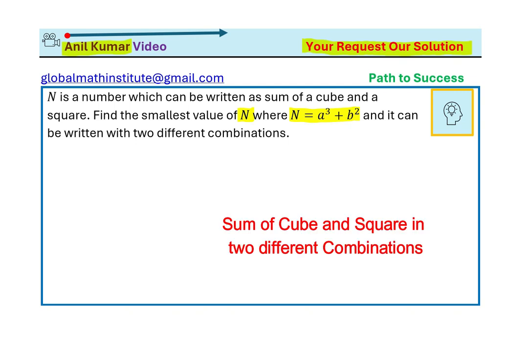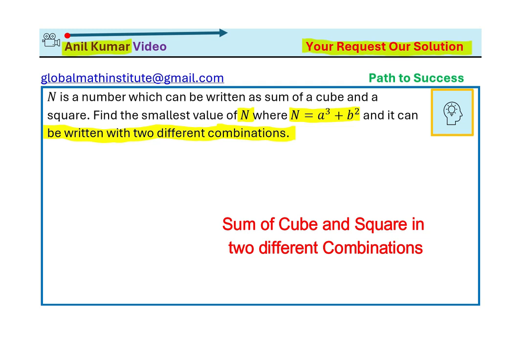And it can be written with two different combinations, right? So that's very interesting. Some numbers can be written as sum of cubes and squares, but in two different combinations. The smallest of them is what we are looking for.